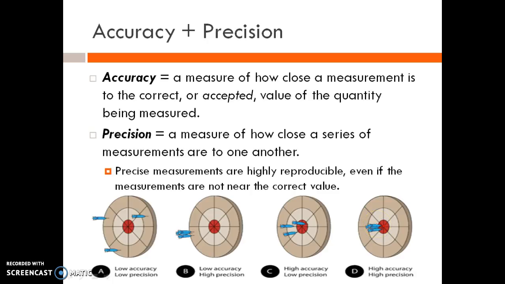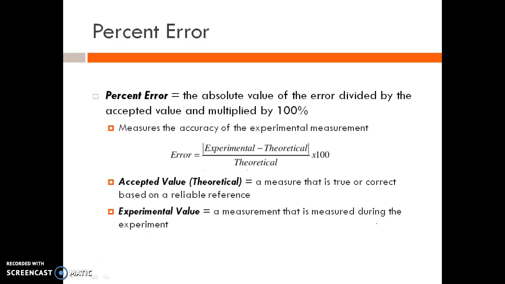When we do a lab, one of the things we want to do is make sure that we report how accurate our measurements are. One of the ways that we do that with precision is through sig figs. But the accuracy of a measurement is dependent upon our measurements themselves and how accurate our measuring device is.